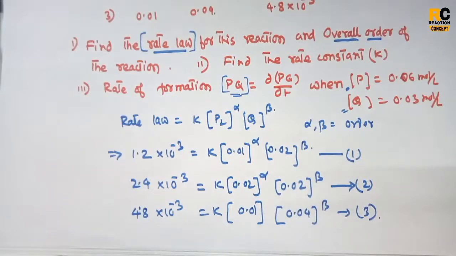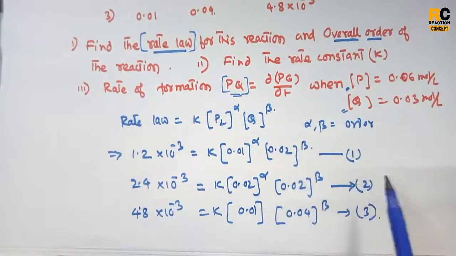Okay, so to find out alpha and beta, we will divide the equations. Suppose we divide 2 by 1 or 3 by 1. We will divide in such a way that one term, that is beta, is cut out.